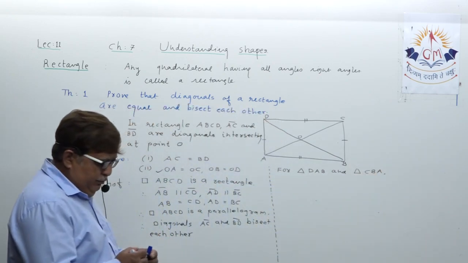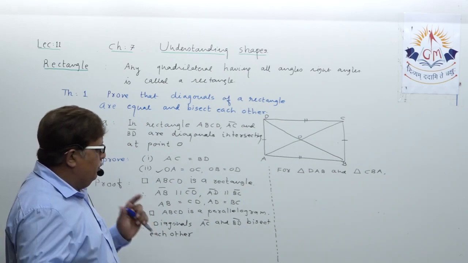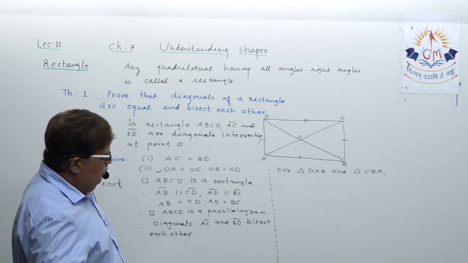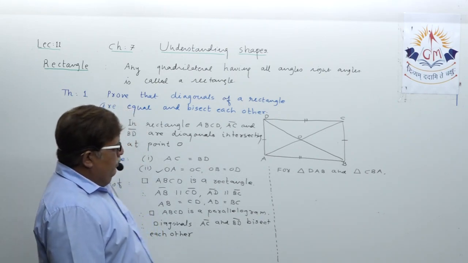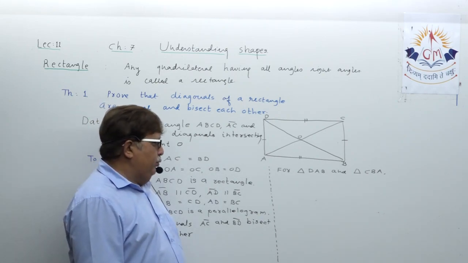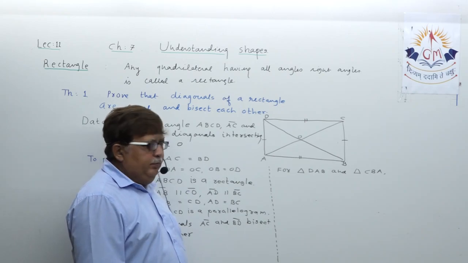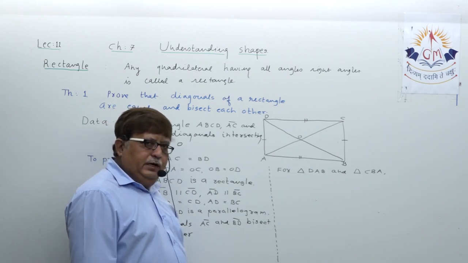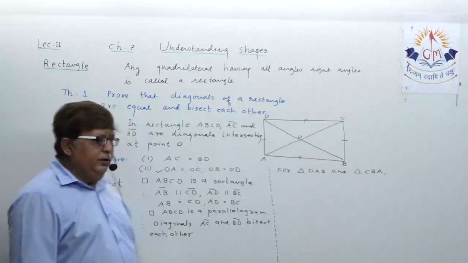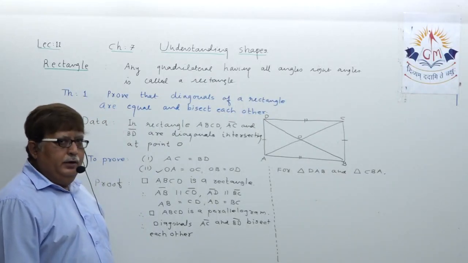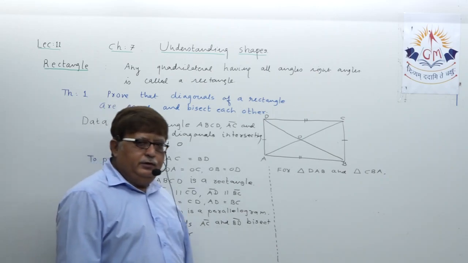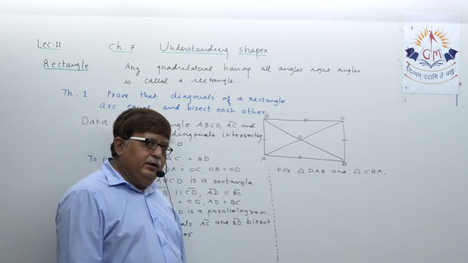First, my dear student, you have to concentrate on these two triangles which we are going to prove congruent by the postulate, by the criteria SAS, two pairs of sides, one pair of included angle.